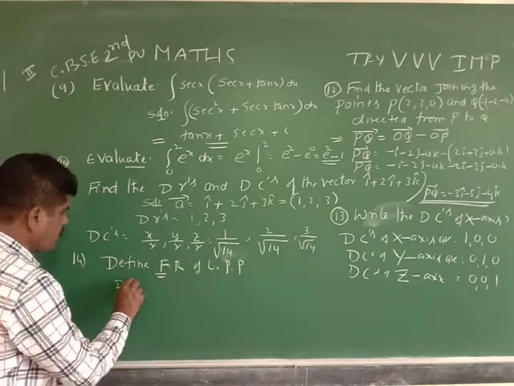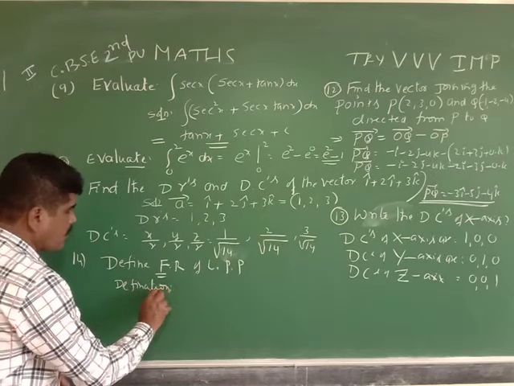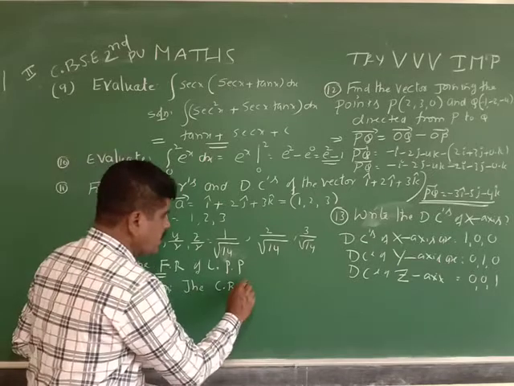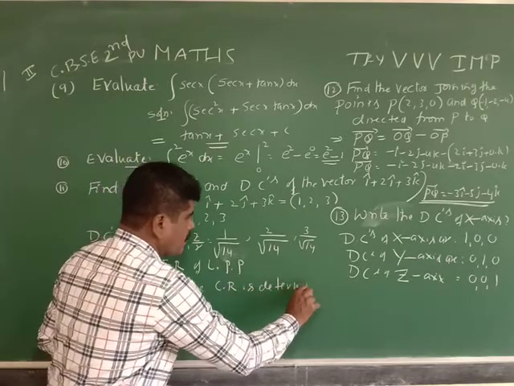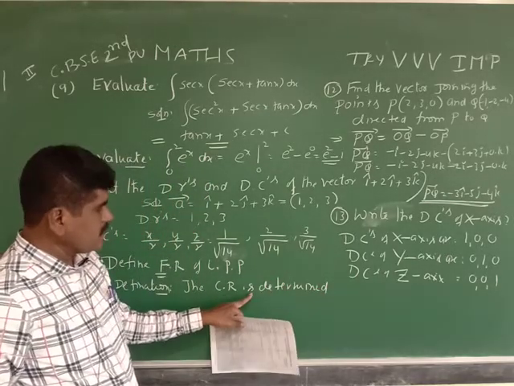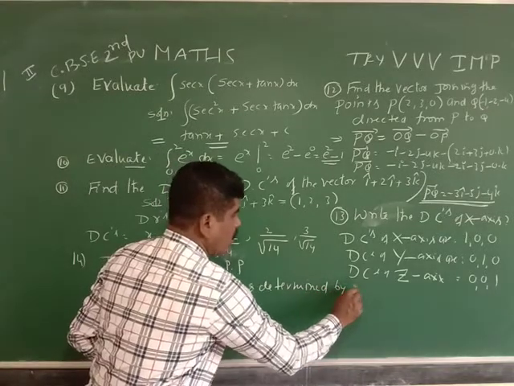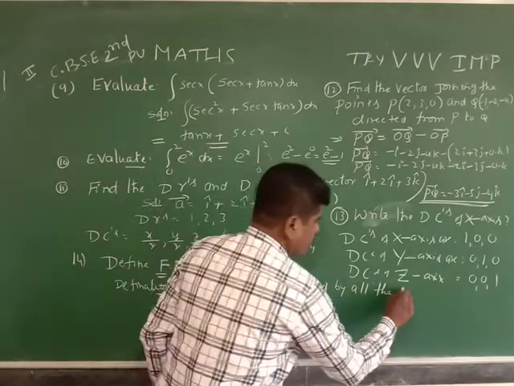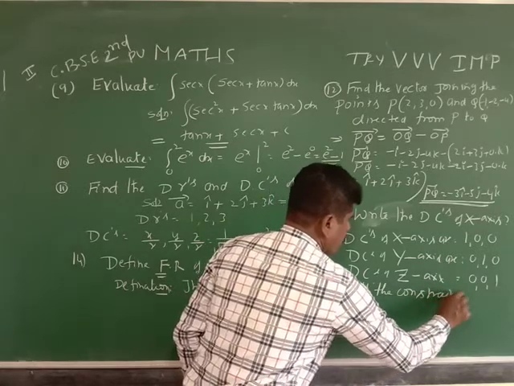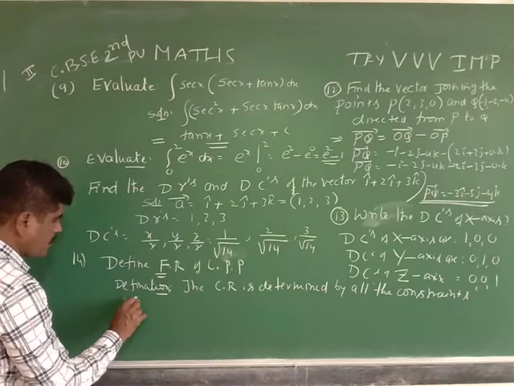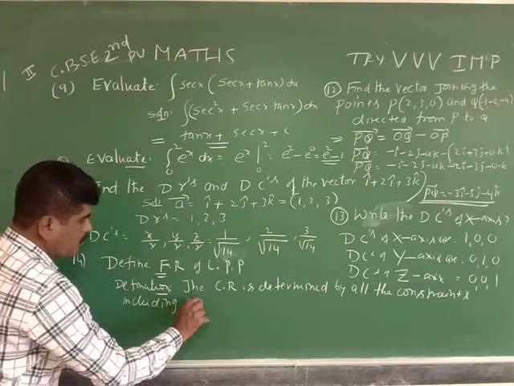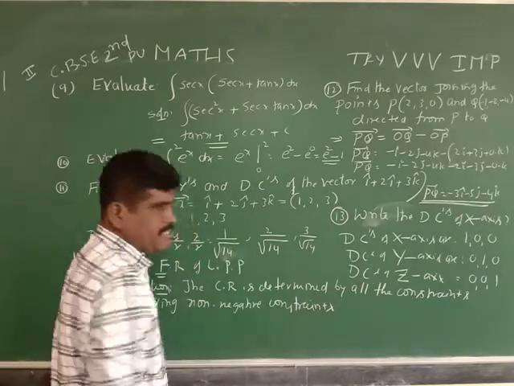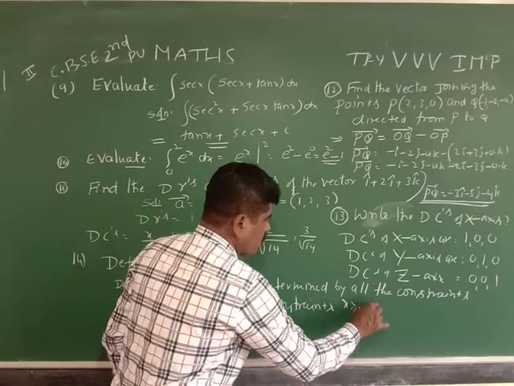Definition: the common region determined by all the constraints, including non-negative constraints and inequalities, x greater than or equal to 0, y greater than or equal to 0.